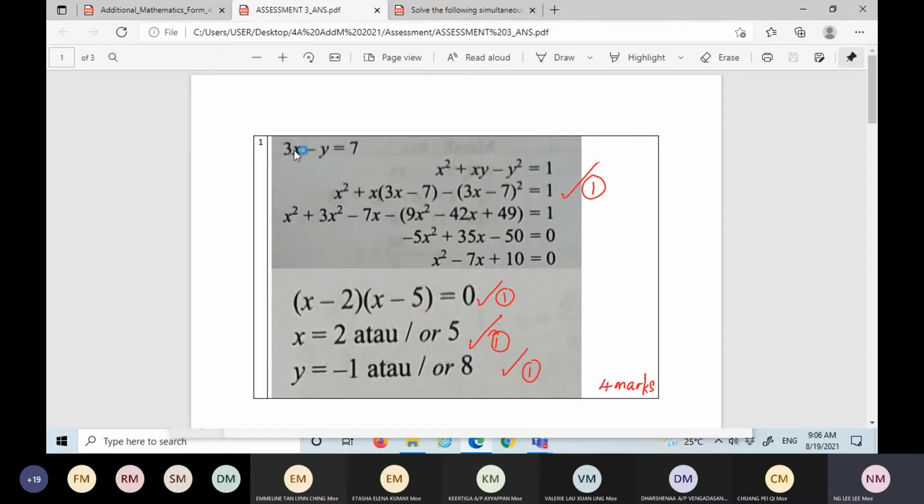Because if you make x the subject for the first one, you will have 7 plus y over 3. When you have a fraction and you substitute into these non-linear equations, it will make the equation more complicated. Don't do the complicated way. Find the easiest way, because it will cut down your mistakes.